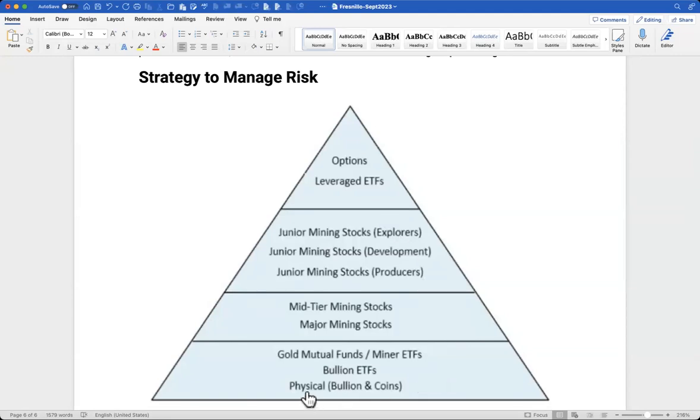My highest allocation is physical silver. I have 7%. And then bullion ETFs, I have two of those, which is I think about 3 to 4%. Then I have gold mutual funds.